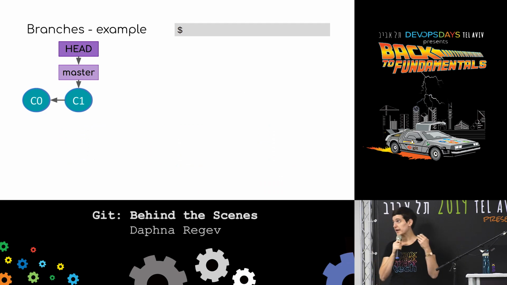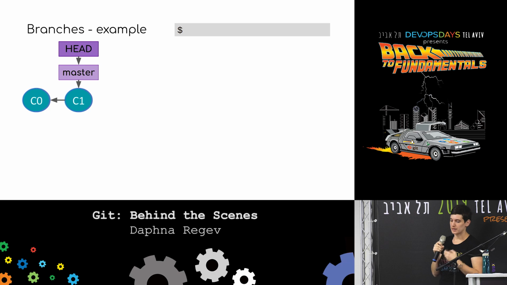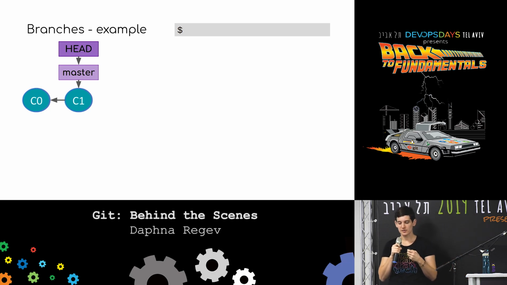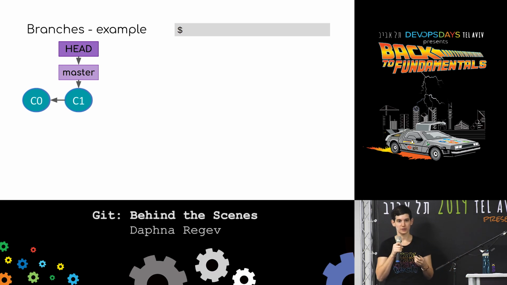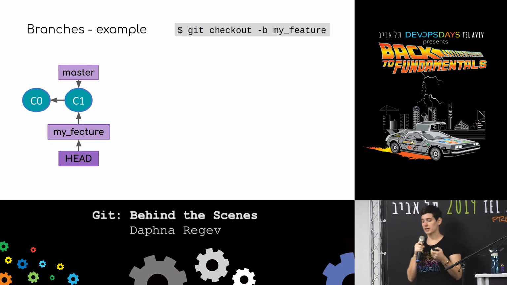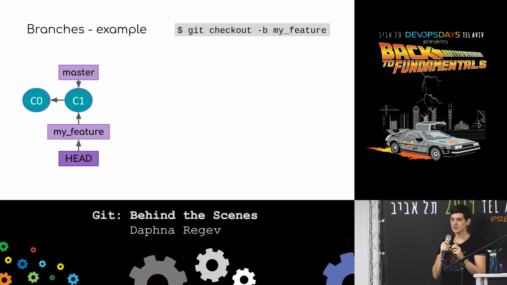Let's say we have this initial commit, and then we have another commit. You can see that the master reference is pointing at this commit, so that's the tip of the master branch. And HEAD is pointing at master. Now let's say we have some really cool new feature that we want to work on. So we're going to create a feature branch. We can do this with git checkout -b my-feature, which actually does 2 things.